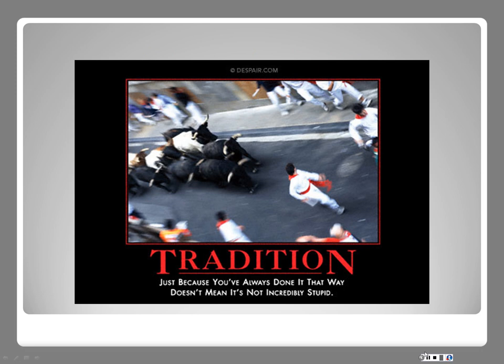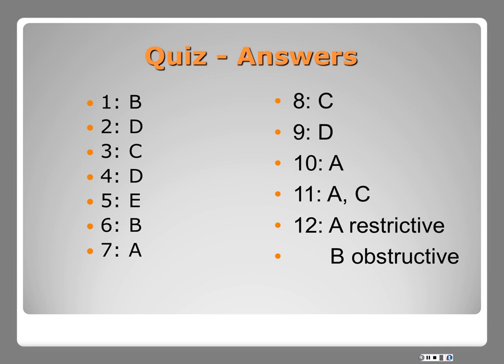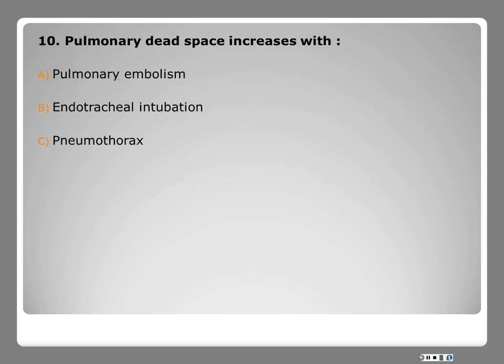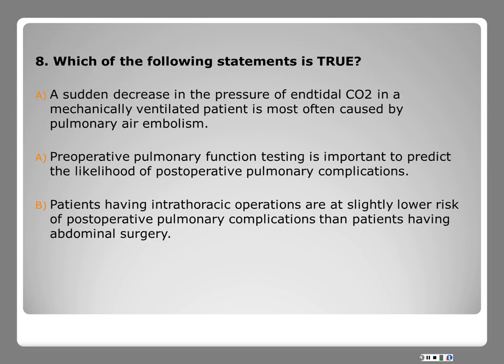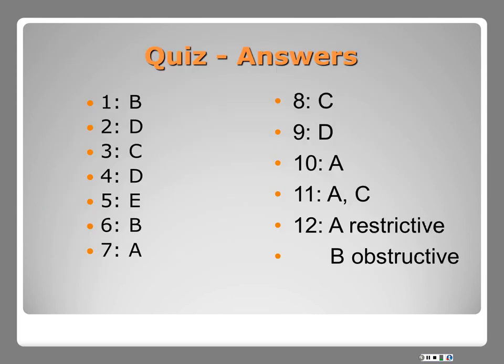Intra-abdominal surgery has a higher rate of pulmonary complications than intrathoracic. Yeah, I think so. I was surprised by that too. That's why I put it in here. Which question was that? Let me make sure. 8, right? C, yeah.